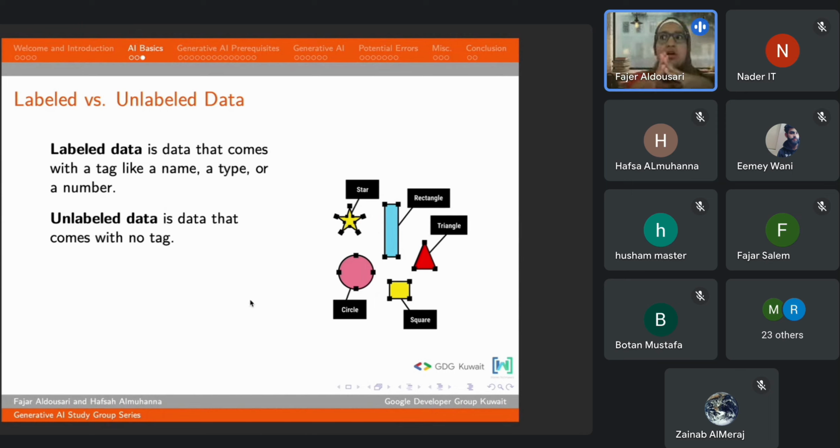So your machine learning program will have access to both the actual data and the label that comes with it. Unlabeled data is data that doesn't come with that tag. So it would be just the shapes in this example without any of the labels. That would be unlabeled data.